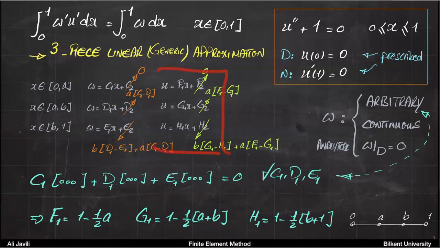Remember, the key here is to calculate U. U is the displacement that you are looking for. We said we have only 3 unknowns, F1, G1, H1, and now we have them calculated in terms of A and B. So you have everything you need, and you can insert this in U, and you can calculate your displacement field.